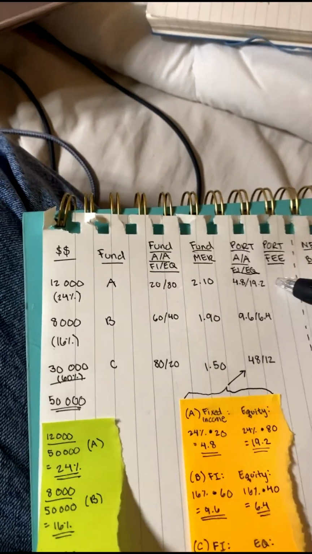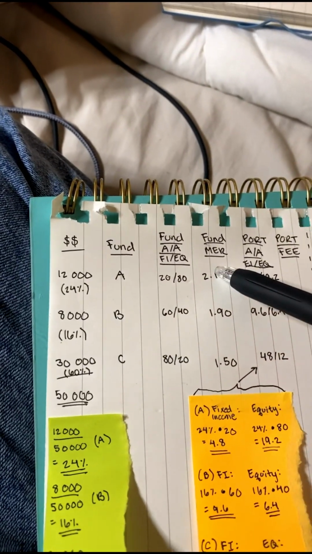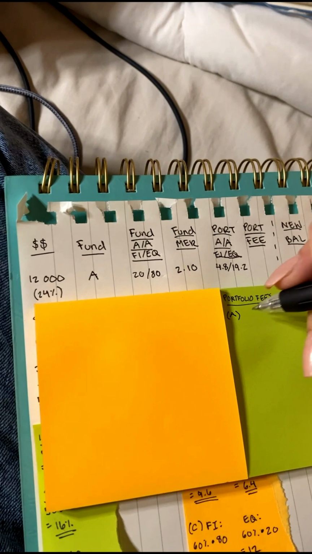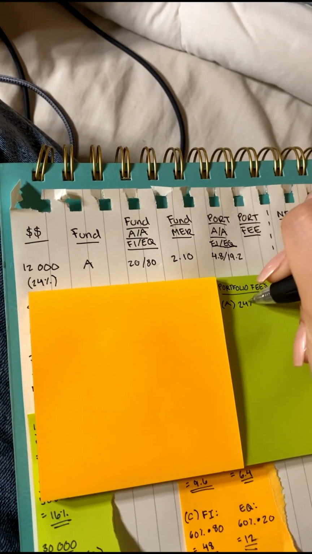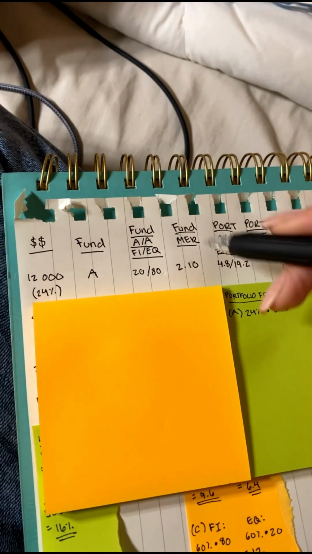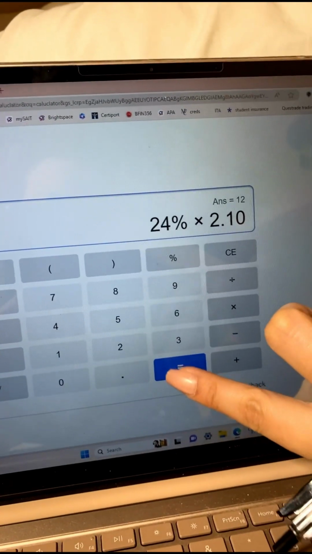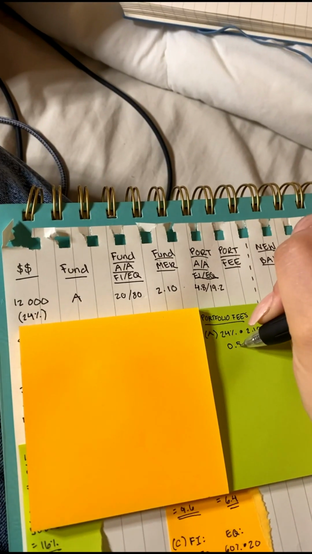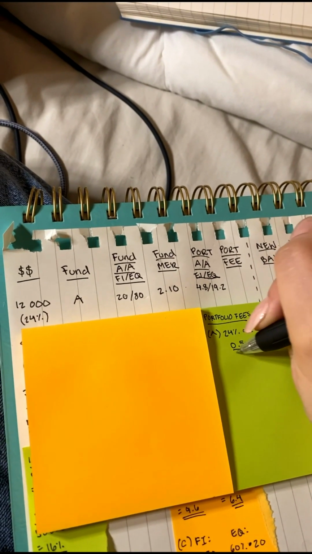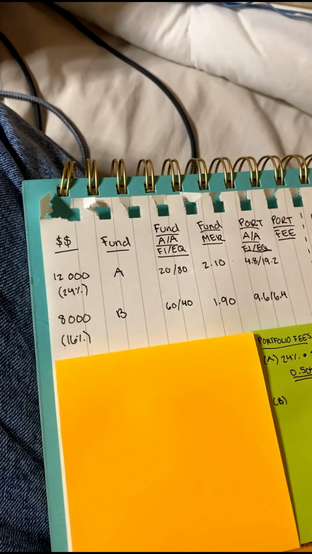Now for your portfolio fee, you're going to use your percent and your fund MER. So for the first row A, you're going to take your 24% times 2.10 MER, which was given, and you get 0.504 portfolio fee. And then it's the same for the next row, but remember we changed this percent.